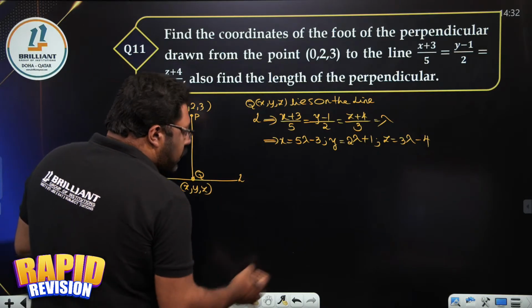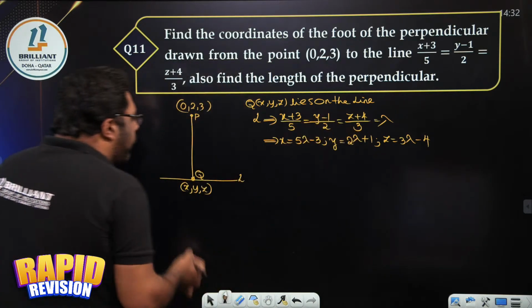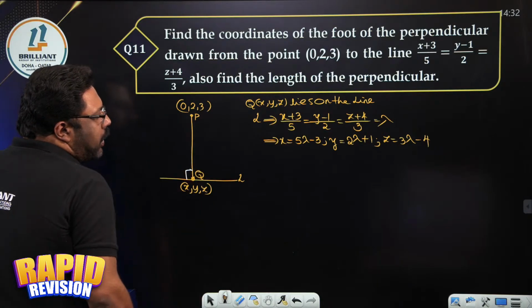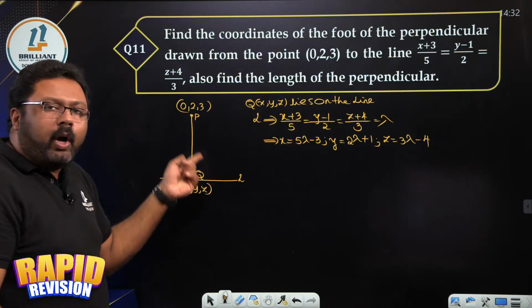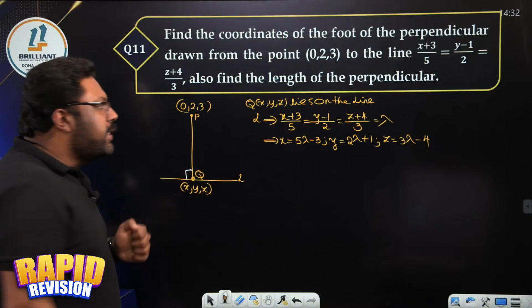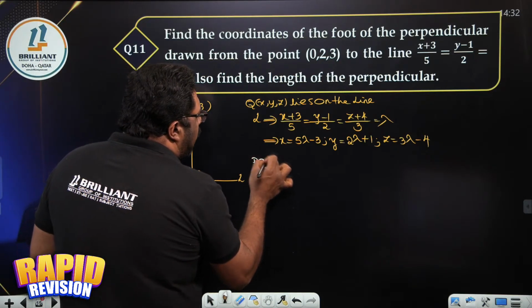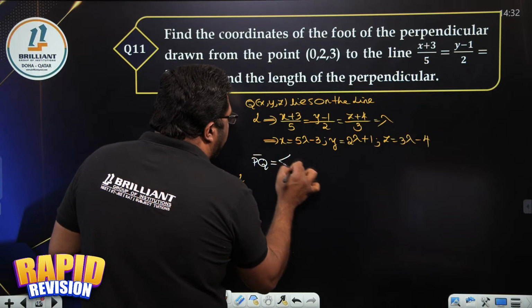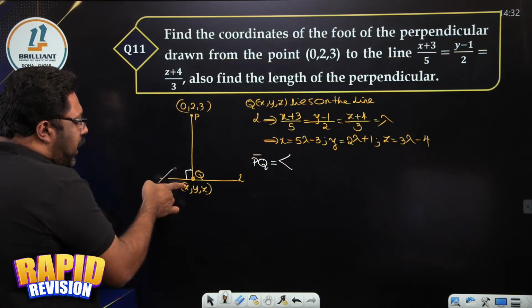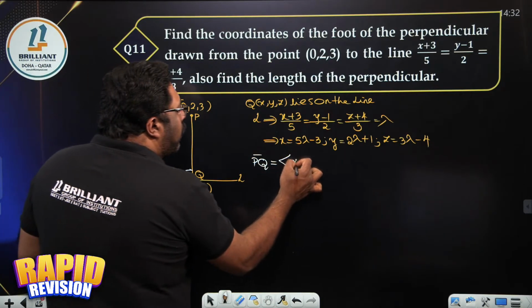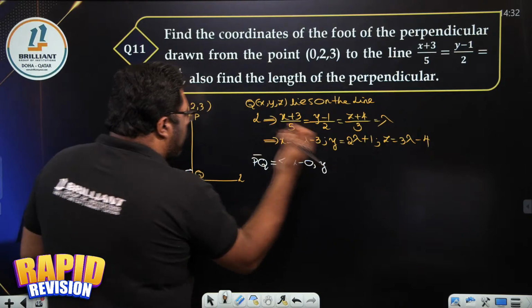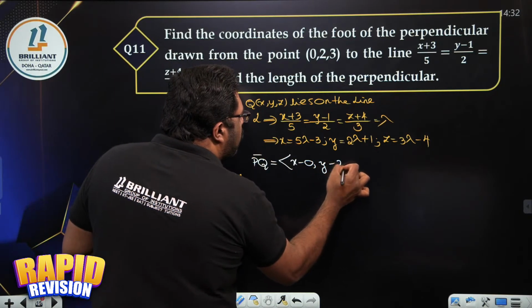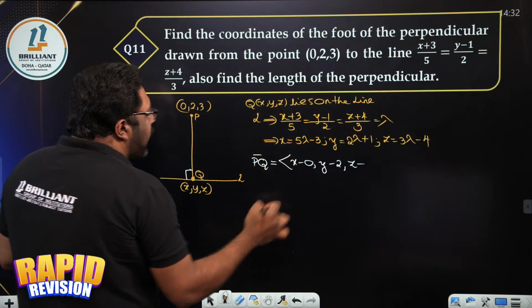Now I can use the next condition that I know about perpendicular lines. If they are perpendicular, the dot product between the direction ratios is 0. Let's find out what are the direction ratios of PQ. PQ means x minus 0, y minus 2, z minus 3.